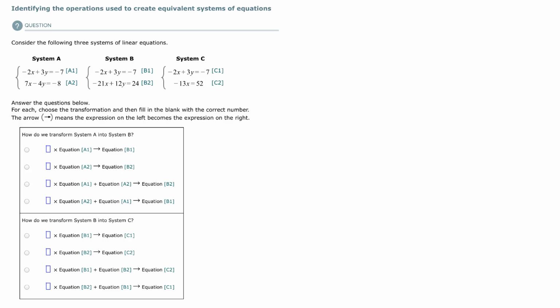So let's define that. I'm going to use a definition, and that definition is actually on the vocabulary words of elementary row operations. Elementary row operations, capital O. And these don't have to be done in any particular order.